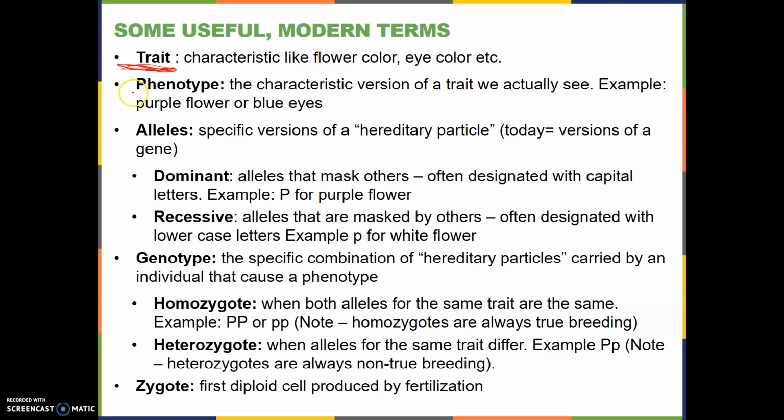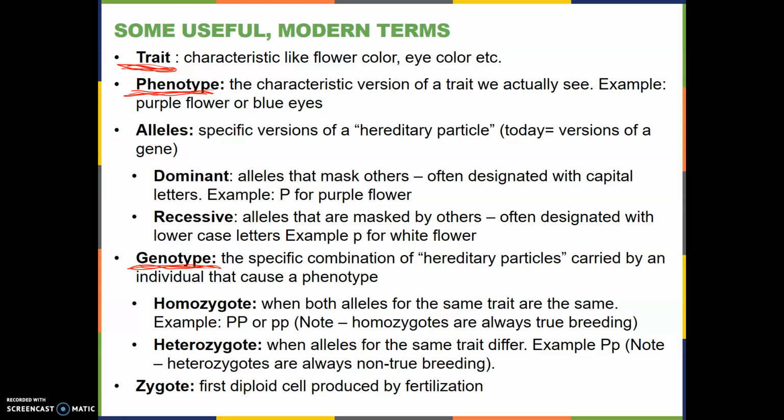The phenotype is the trait that we see. It's the version of the trait that we see. So for garden peas, purple flowers, the actual color of the flowers is the phenotype. Now coming down, the genotype are the actual genes. So the parent, pure breeding purple, had two genes or two alleles for purple.